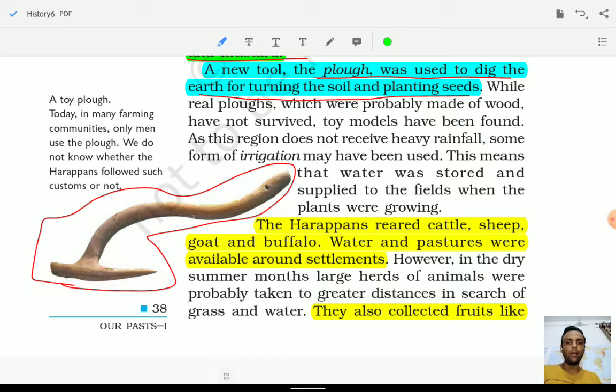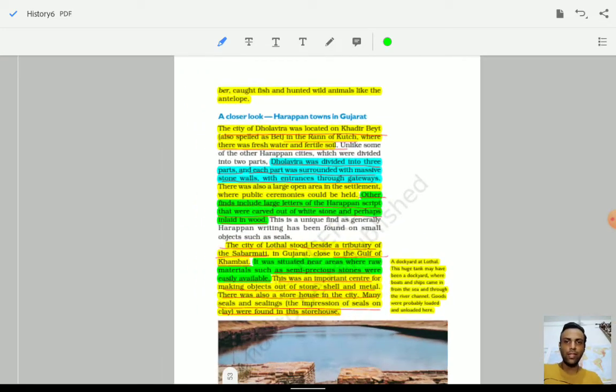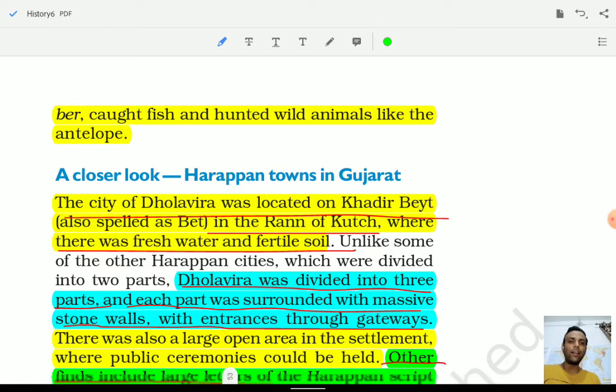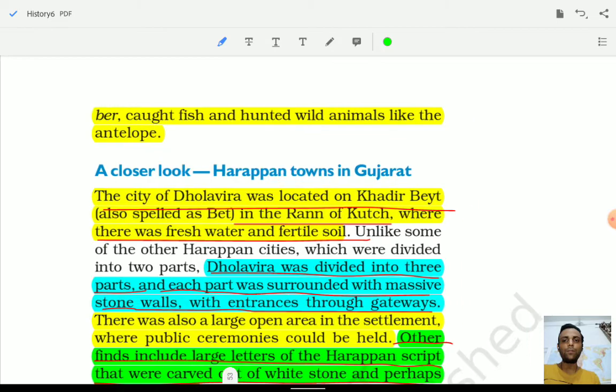So it must have been all green and lush. That is why people settled, and they must have got a sufficient amount of water and pasture as well. So they were able to rear cattle, sheep, goat, and buffalo. They also collected fruits. What type of fruits did they collect? They collected ber, caught fish, and hunted wild animals like antelope.